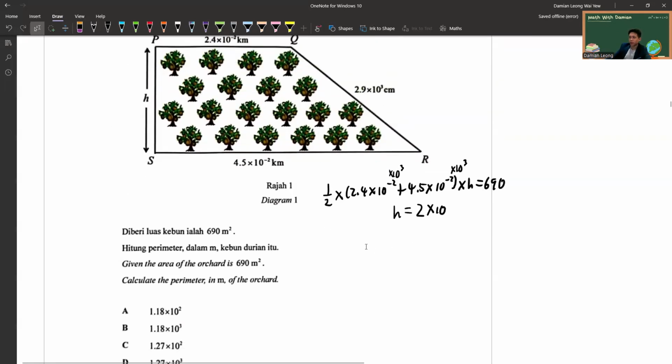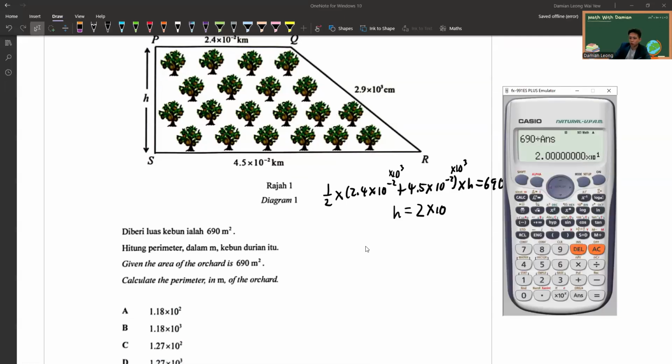So for the perimeter, add up all the lengths together. So 2.4, actually it's just 24, plus 45 because times 1000, plus 2 times 10 is 20, plus 2.9 times 10 to the power 3.